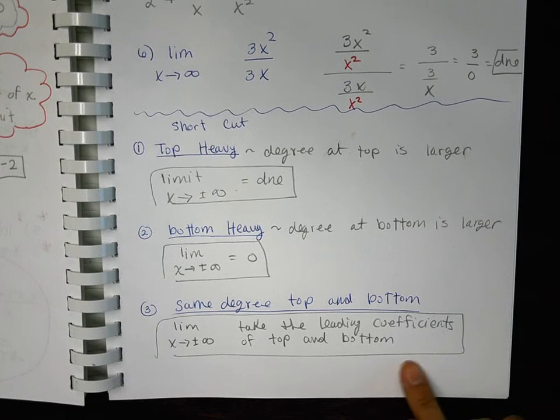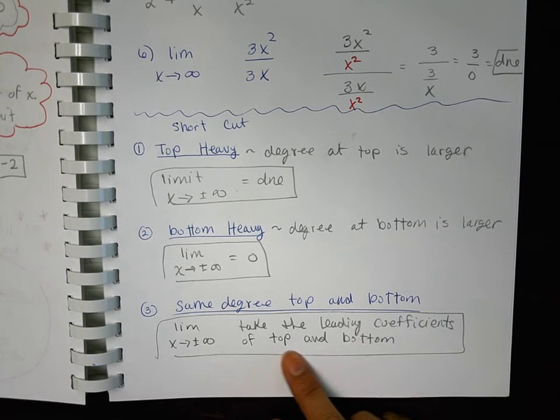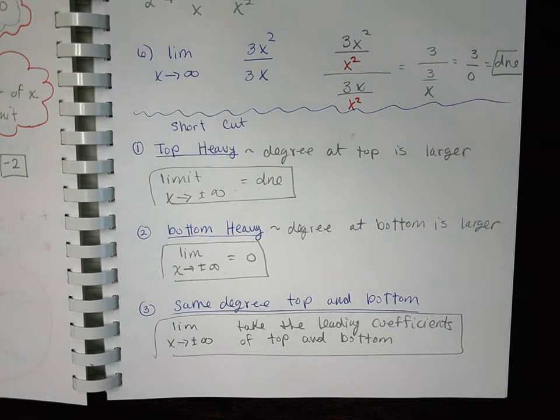All right, so it's not as quick as just D&E or 0. It is still quick. It actually takes longer to write than it does to figure what it is. You take the leading coefficients of the top and bottom. All right, does everybody have that down so I can move it or not yet?